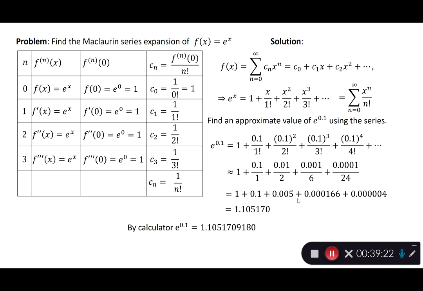I did that, and this is what I got: 1.1051709180 and so on. What did we get? 1.105170. So 1, 2, 3, 4, 5, 6, seven significant digits matched exactly the first seven significant digits, because we terminated it at the fifth term.